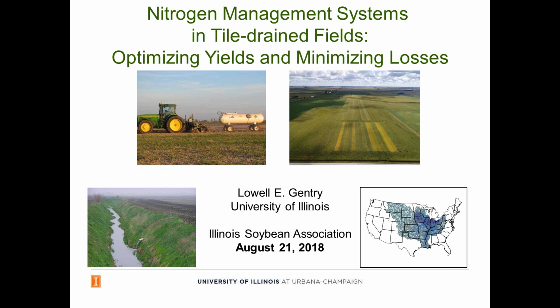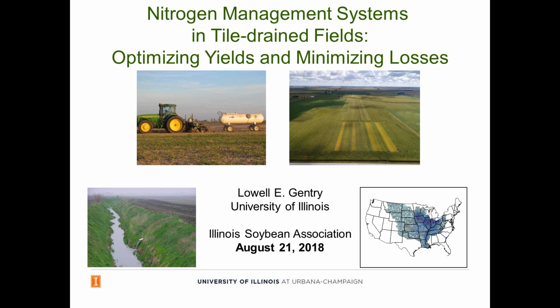So I've been looking at ways of trying to tighten the nitrogen cycle and keep nitrogen for the crops. So in this first picture here, this is a participating farmer. He participates in some of our research. It's Eric Miller putting some fall N on for us, and here's an N rate study on one of his fields.